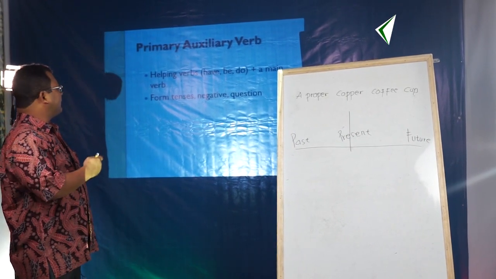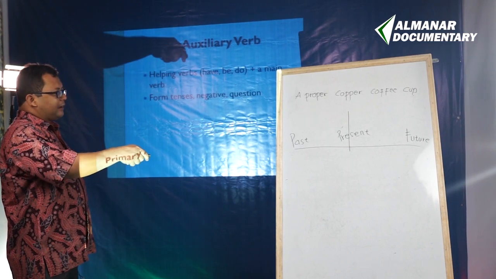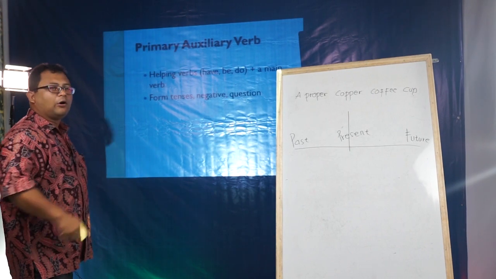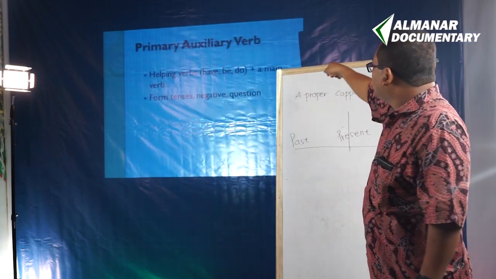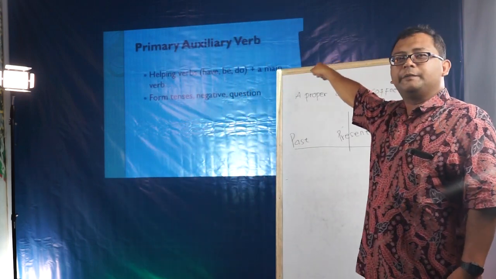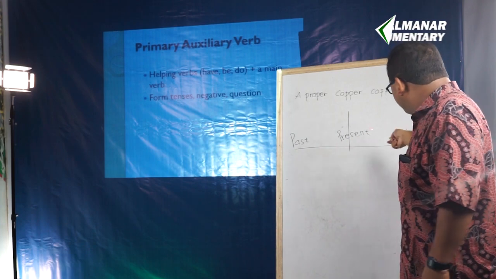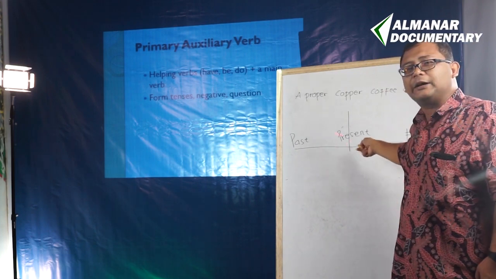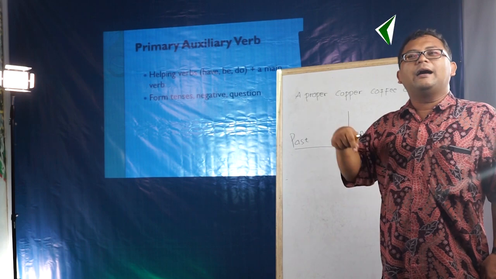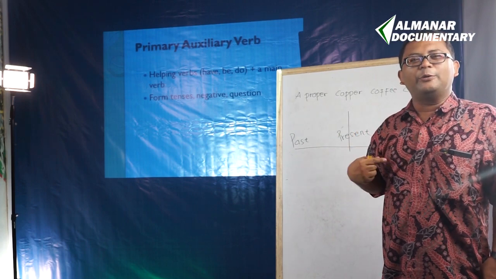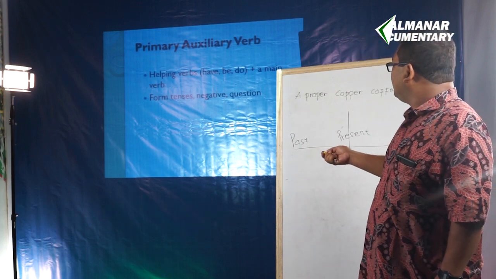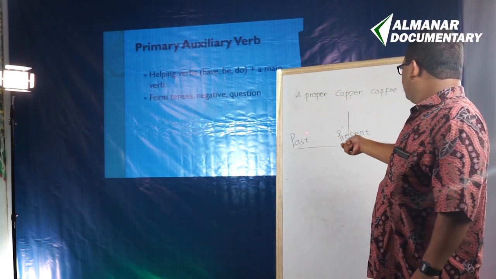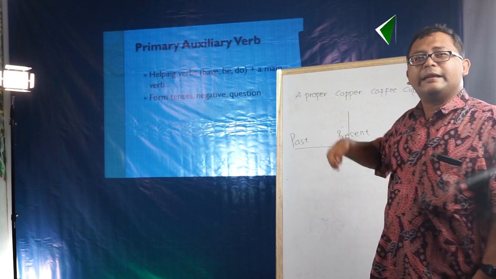Okay, for example, I stand on the floor. Now, can we have a helping verb or auxiliary verb to assist us to say that at the moment, in the present time, that we are standing on the floor? So how do we say? Can we say I stand on the floor? It is still not in the present.